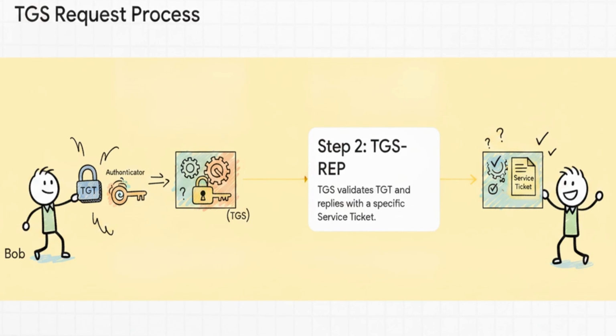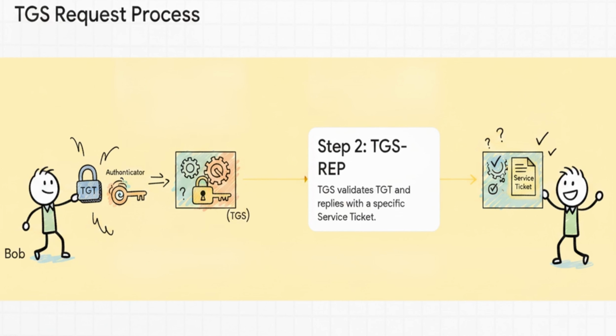After step number 2, the client sends this ticket granting ticket, which was issued by the key distribution center, again to the key distribution center, requesting a ticket for the particular service that he wants to access. But this time, the other server on the key distribution center that we discussed, the ticket granting server, TGS, validates the service.